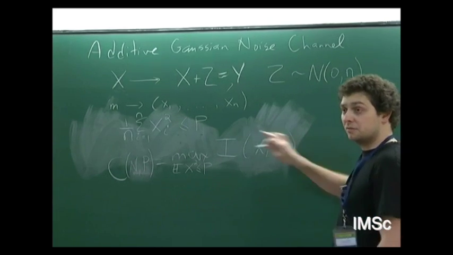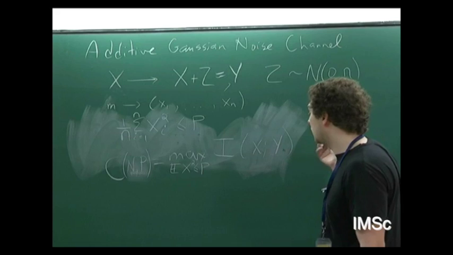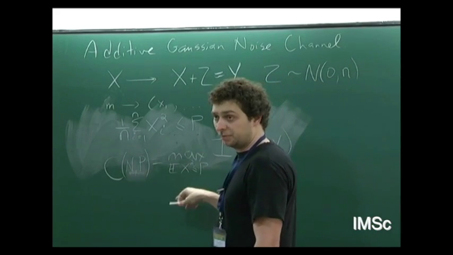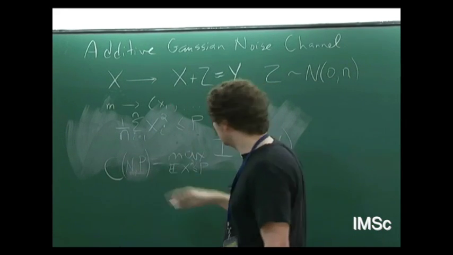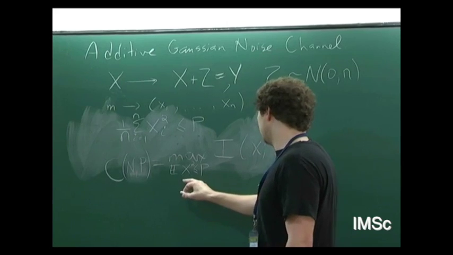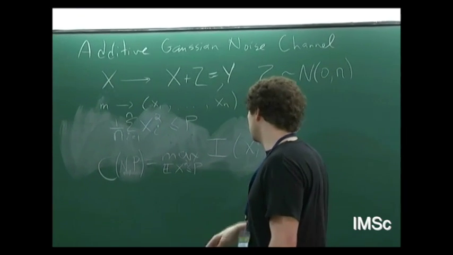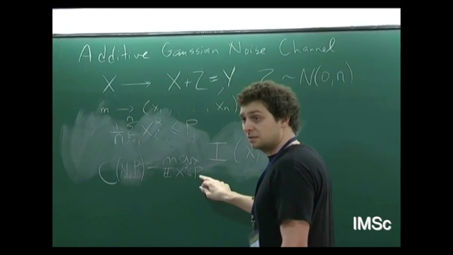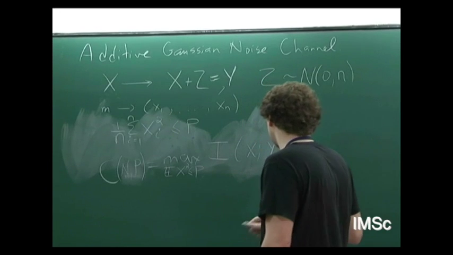And actually, let me just write out explicitly what the answer is here. You can figure out what it is. The optimal variable is just some Gaussian also. Some Gaussian, the optimal x is some Gaussian. Its variance is determined by this p.